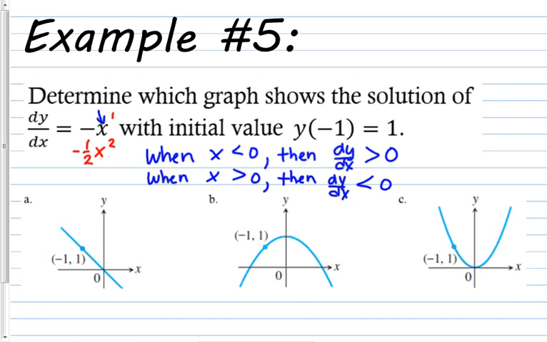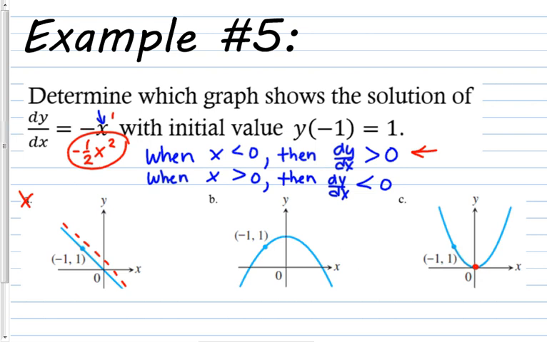So A, the slope is all negative. Okay, so that's not going to work. I'm going to jump to C, because hopefully you know what this looks like, and you know that the answer is B. But C, here's 0 for x. On the left side, which means x is smaller than 0, I need my slope to be bigger than 0.